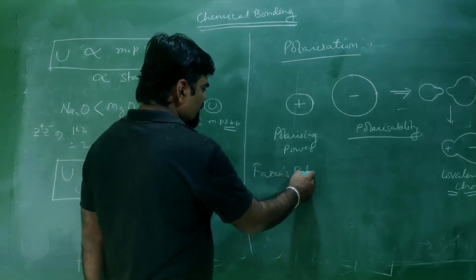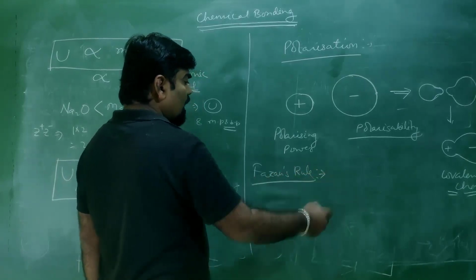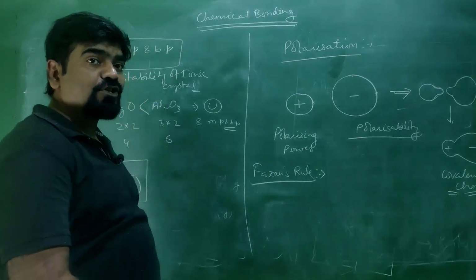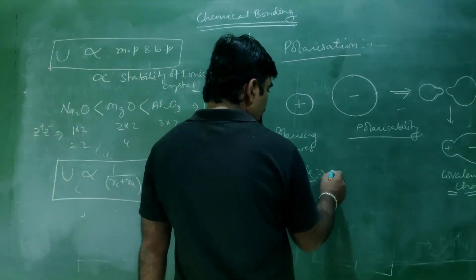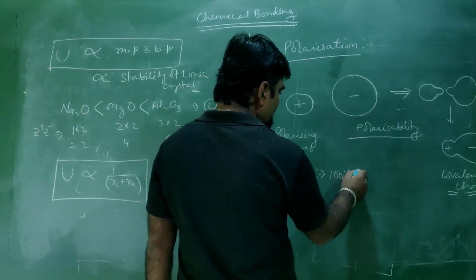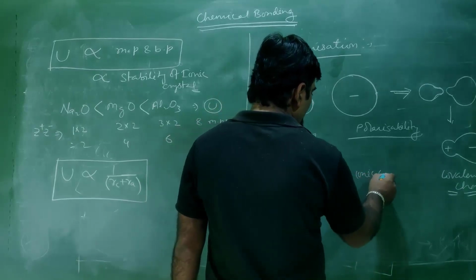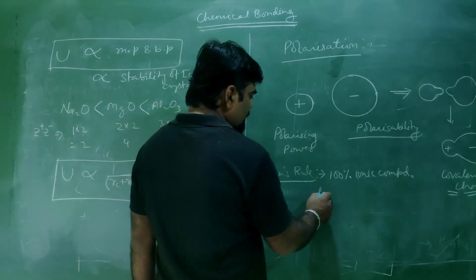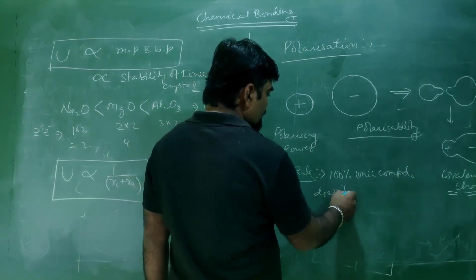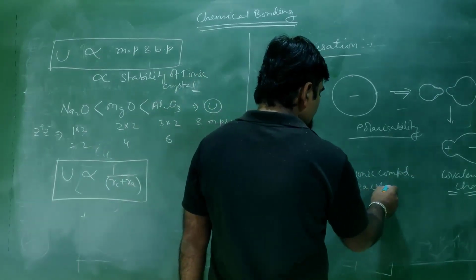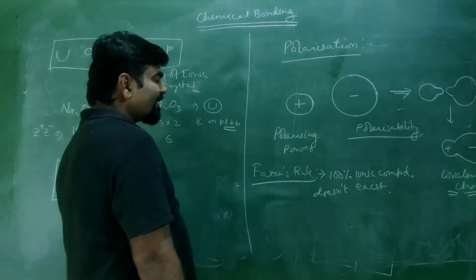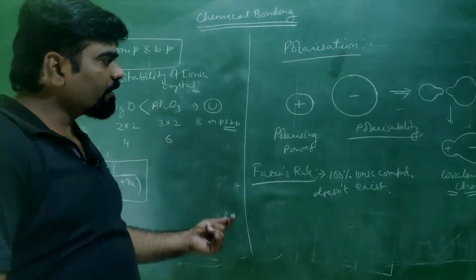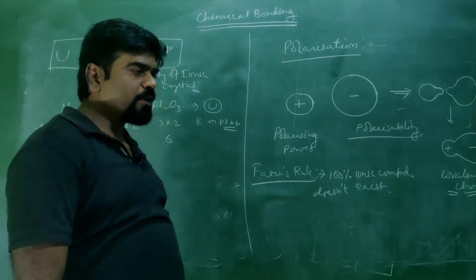Fajans' rule states that 100% ionic compound does not exist in nature. In all ionic compounds, in some cases there will be little polarization, in some cases more polarization.